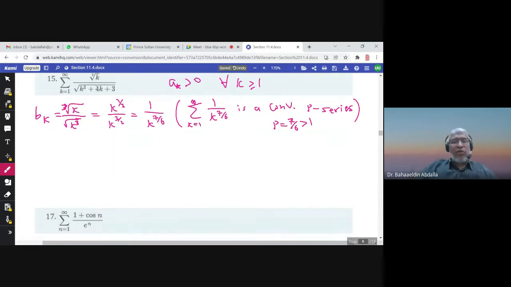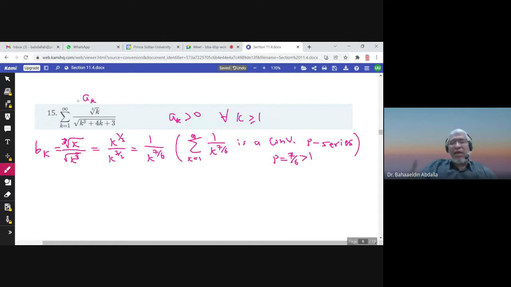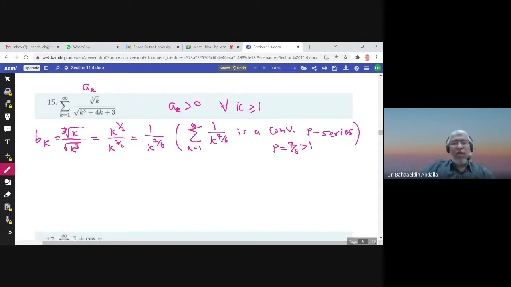So now to show that the summation of a_k is convergent, I have to show that a_k is less than b_k. You can write a_k equals, okay?